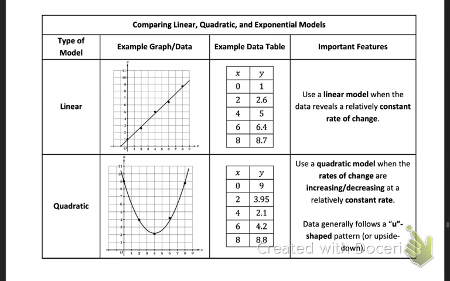If I look at these rates of change, I can see that these rates of change are not constant and they're not close. I'm decreasing and then I'm increasing. So then what you could look at again is the rate of change for the second differences, or the rate of change of the rate of change. And we can see here with these second differences that they're roughly between like 2 and 3-ish.